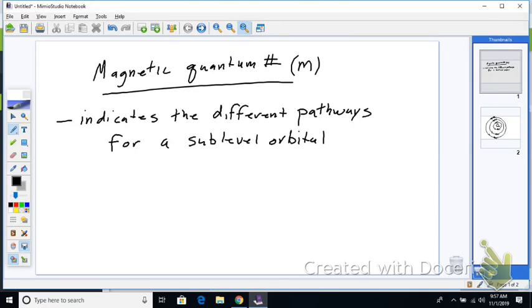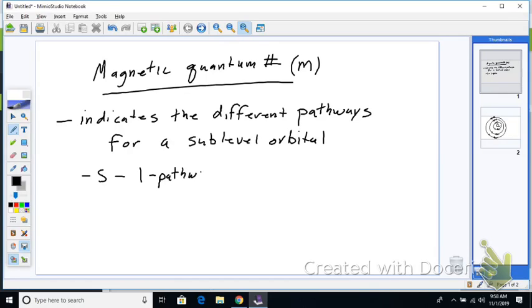Okay? So it indicates how many different pathways we can have with that same shape. So, we have S. S is a sublevel. And it indicates the different pathways. So how many different pathways does the S have? It has one and only one pathway.